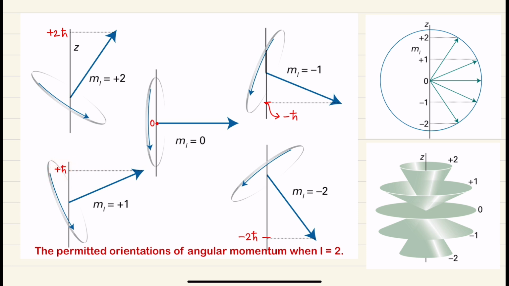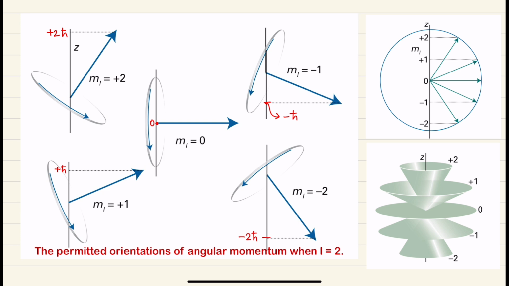Similarly, here for ml equal to minus 2, if the electron moves in this plane, then only this vector will project in this direction. And now if you take the component of this vector on the z axis, you will get here minus 2 h cut value. That is the magnitude of Lz, okay, in the case of ml value minus 2, right?